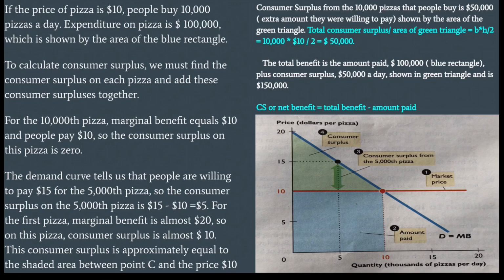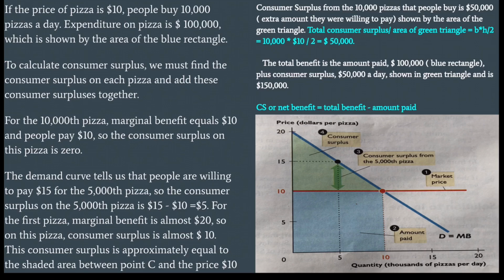The consumer surplus from the 10,000 pizzas that people buy is $50,000, the extra amount they are willing to pay, shown by the area of the green triangle. So the total consumer surplus, or the area of the green triangle, is equal to base times height over 2.